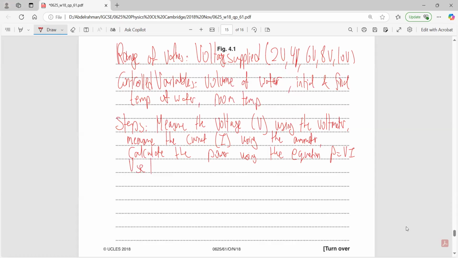Or use the stopwatch to measure the time taken for the water to increase by a certain amount, to be accurate, for the temperature of the water to increase by a certain amount.